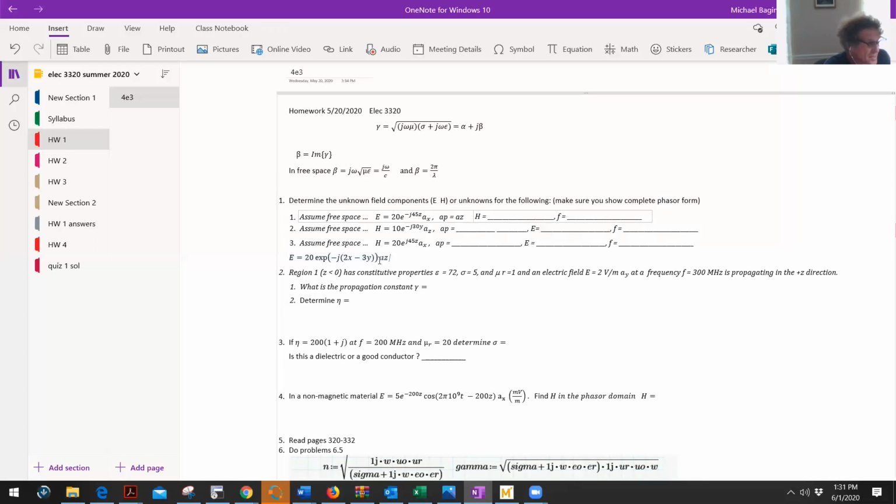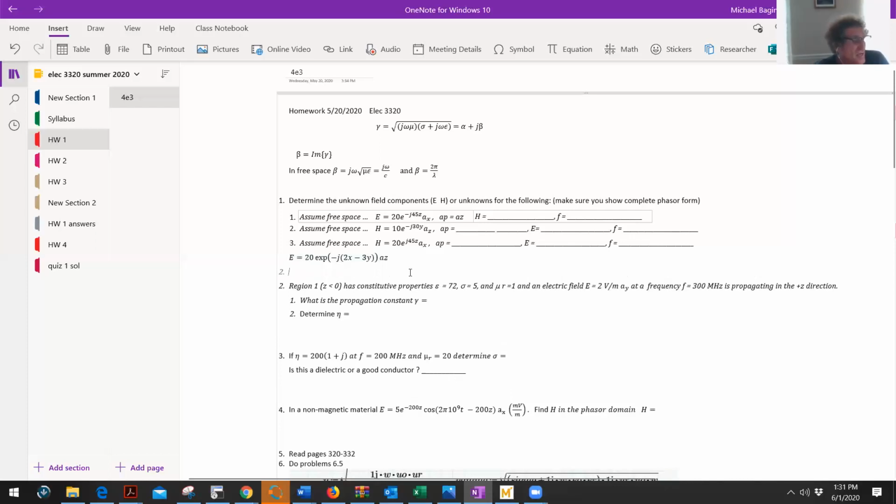Now tell me from this one, what is the direction of propagation? I'll tell you 2 ways to do it. Take a look at that. This is a little more difficult. Just think about this. What does this term right here really imply?